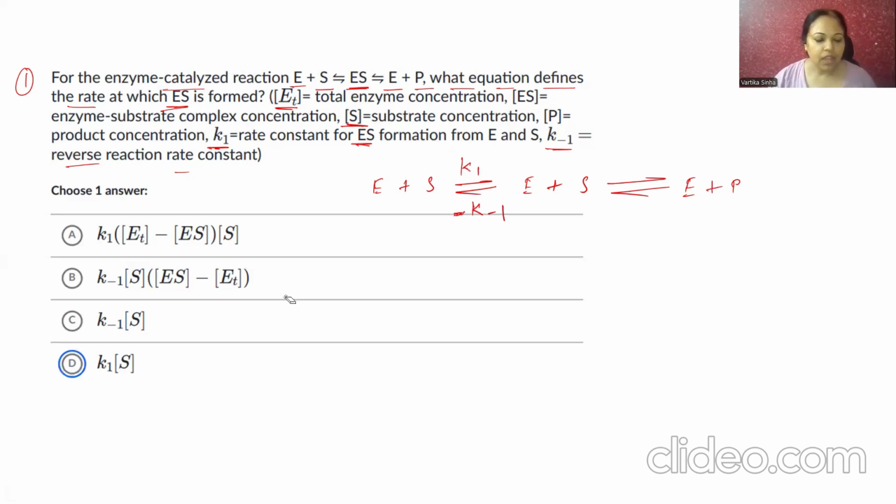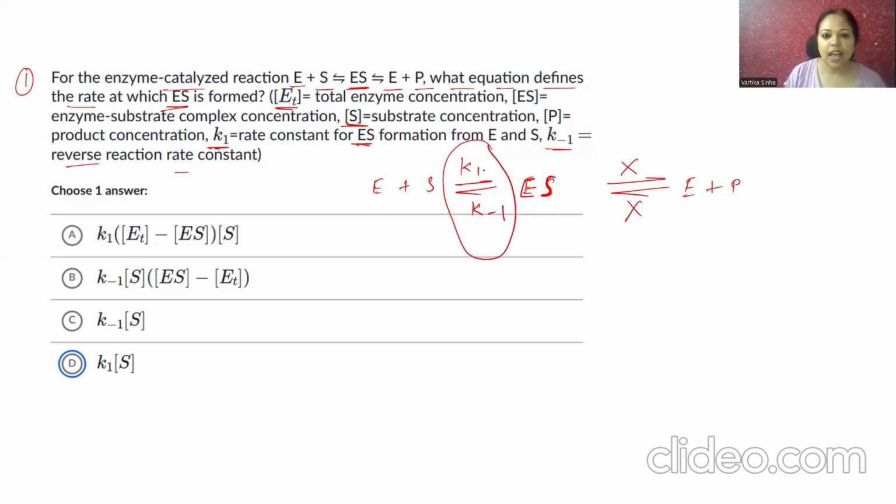Those who have a little understanding of this equation can easily say that it is ES and not ESS, the enzyme-substrate complex or the transition state. And they can also say that this particular rate constant is not given in the question. So you need to be concerned with only these two things, firstly.